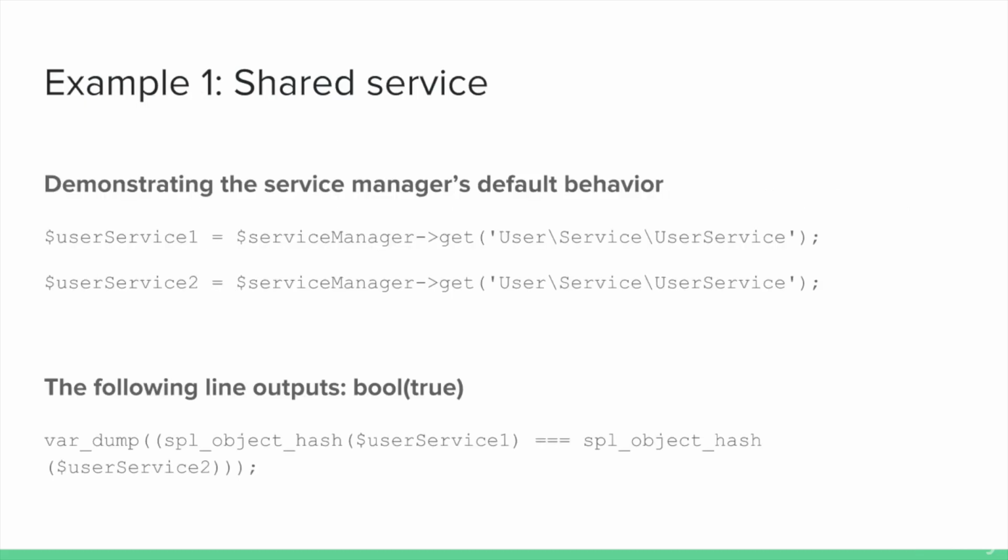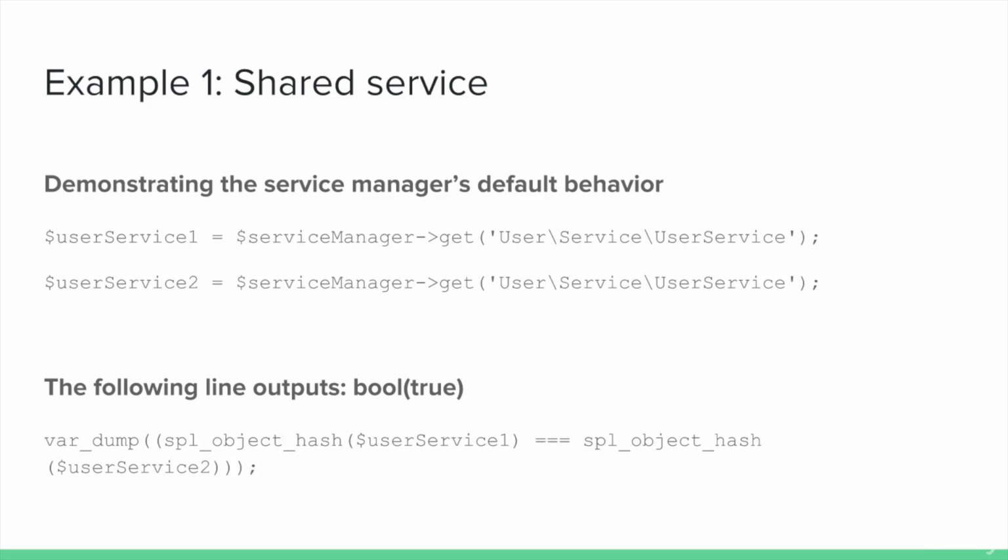So now I'll give you an example of a shared service where we demonstrate the default behavior of the service manager. On the first line, we retrieve a user service instance from the service manager and store it in a user service 1 variable. Then we do the same on the next line, but we store the service in a user service 2 instance.